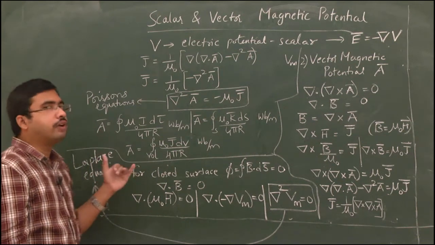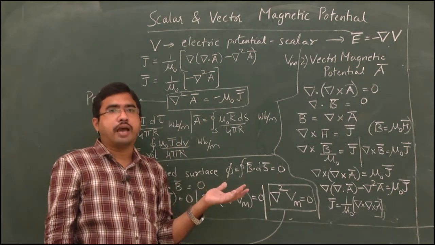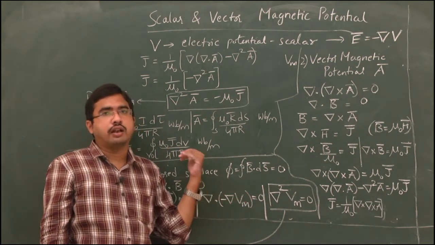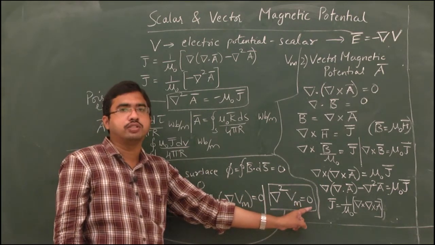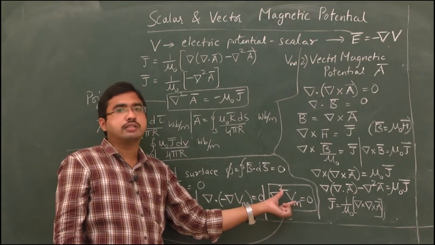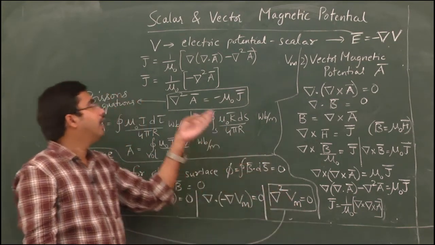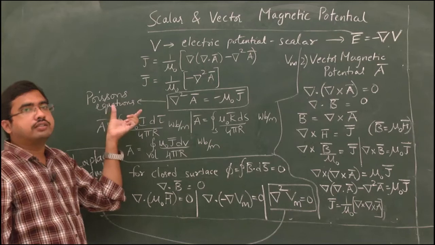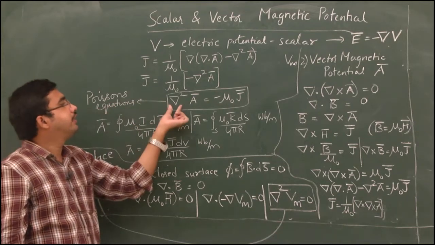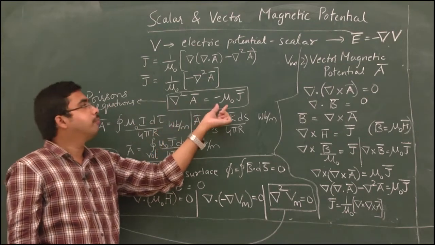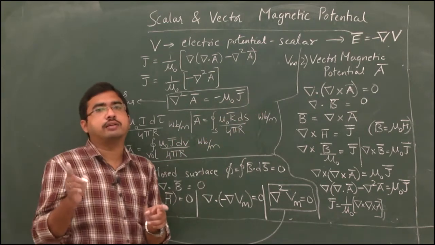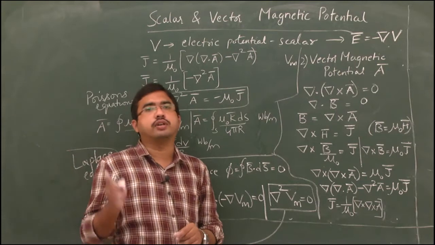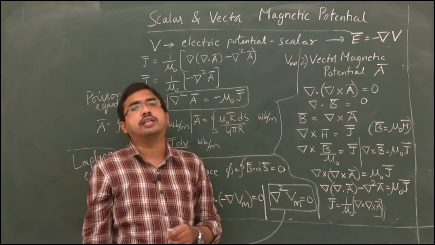Okay, so for magnetostatics, what is the Laplace equation? Laplace equation is del square Vm is equal to 0, where Vm is the scalar magnetic potential. And for magnetostatics, the Poisson's equation is del square A bar equal to minus mu naught into J bar. Okay, once compare the Poisson's and Laplace equations for electrostatics and magnetostatics.